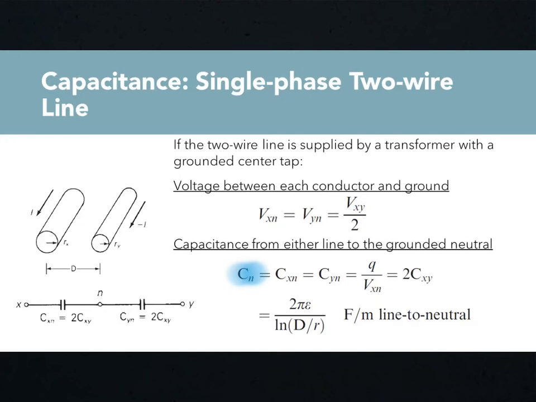Okay? Capacitance to neutral or line to neutral will be 2 CXY. So, this is not surprisingly new to us because, di ba, yung voltage is over 2, parang yung capacitance, why not over 2, di ba? No, it's not. Okay? So, if you also notice, consider this.